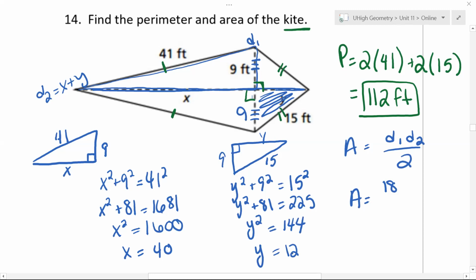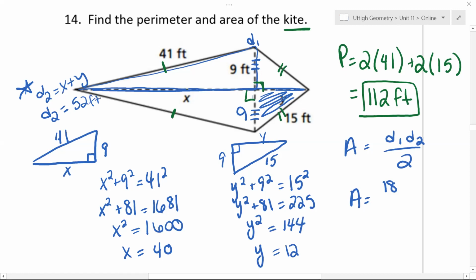So thinking back up here to my diagonal 2, it is x plus y. So if I do 40 plus 12, I get that diagonal 2 is 52 feet.